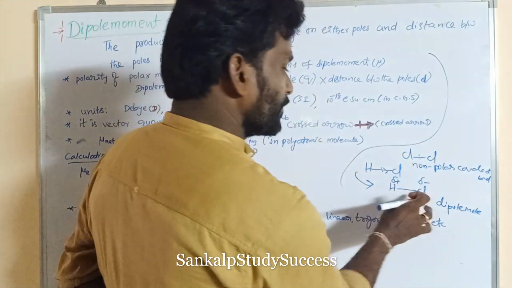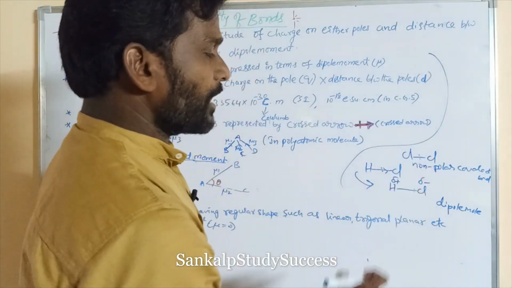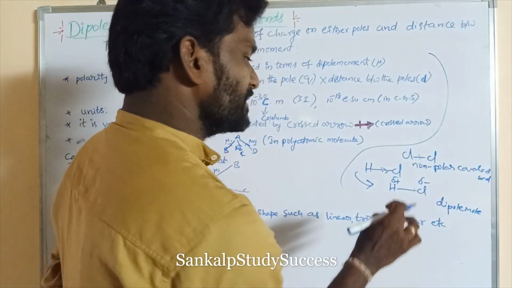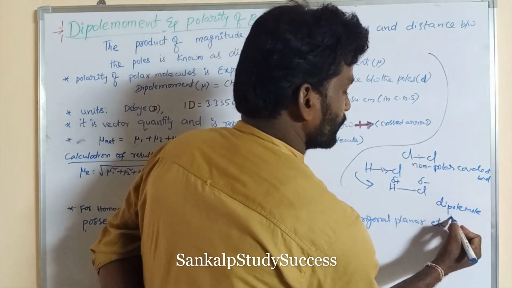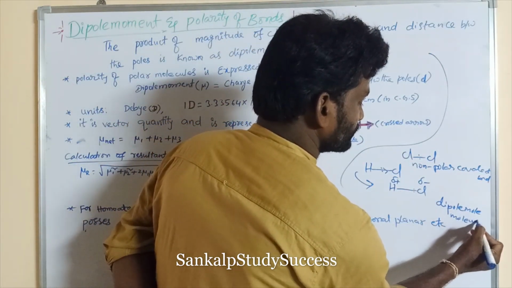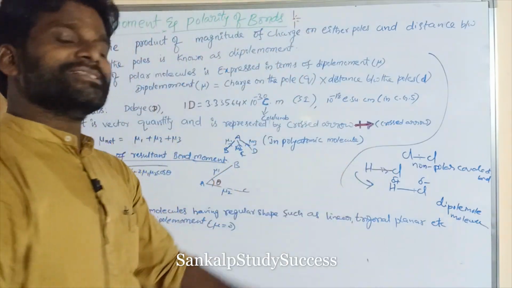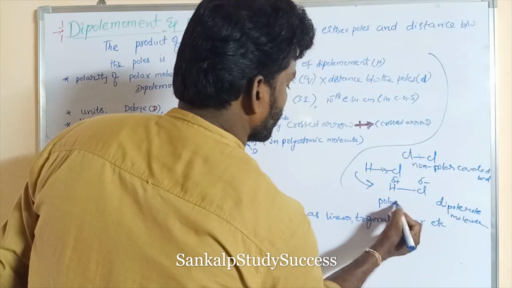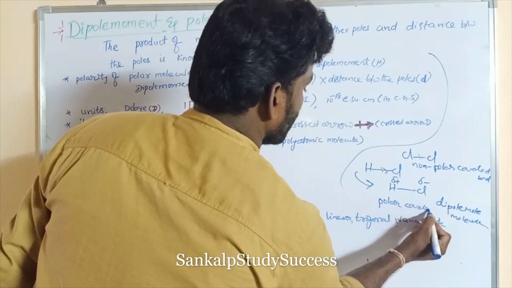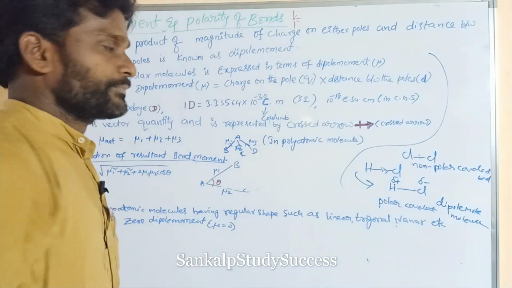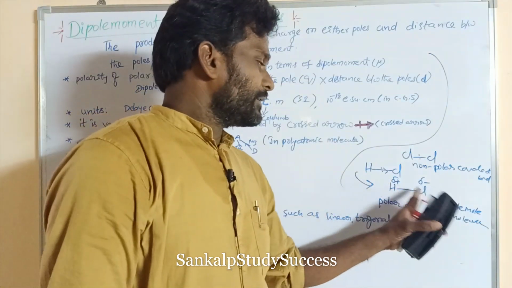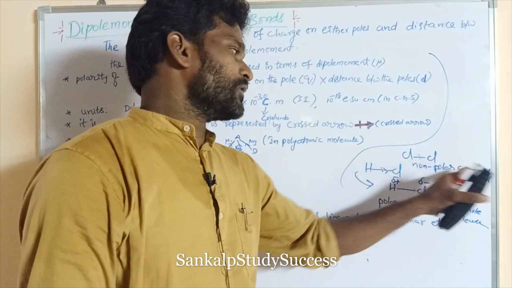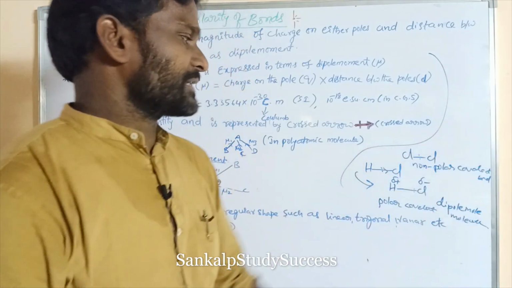So here the ends of the molecule have opposite charges. This is said to be a dipole molecule, and this type of bond is said to be a polar covalent bond. A polar covalent bond is present between different atoms, but a non-polar covalent bond is present between the same atoms, right?